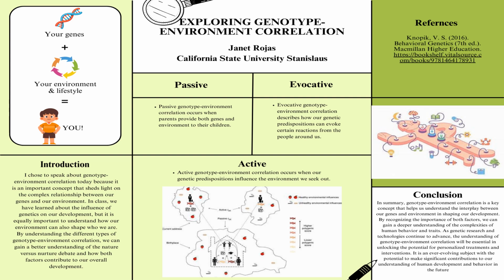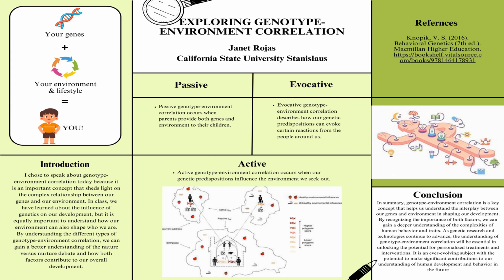It's also important to note that genotype-environment correlation does not mean that our genes determine our outcomes completely. Our genes can make us more susceptible to certain environments, but it's not a guarantee that those outcomes will occur. Additionally, environmental factors such as nutrition, stress, and social support can also impact our genetic expression.